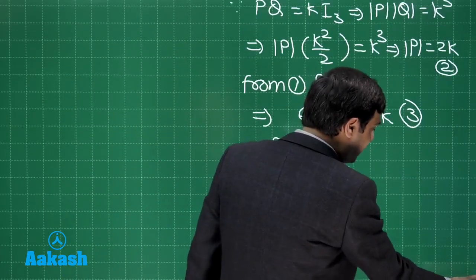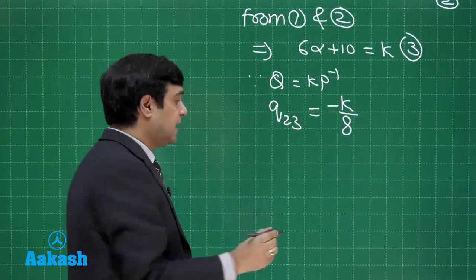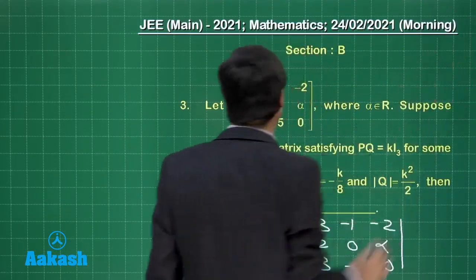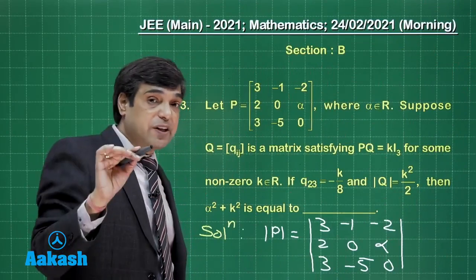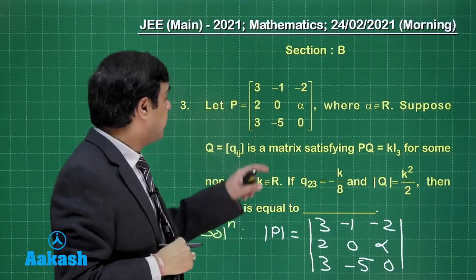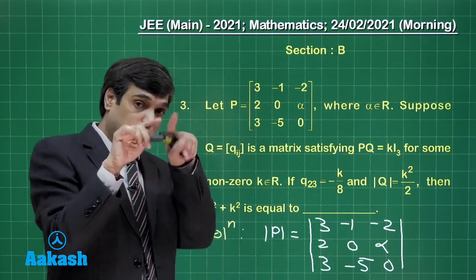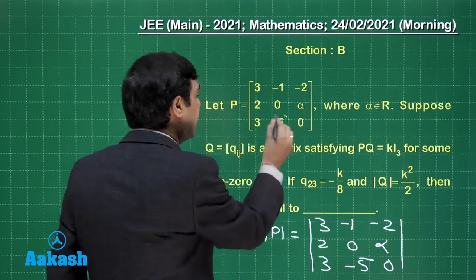Now how to find this Q23? Using this one, k into P inverse. So this is k into the inverse of P. Since you are talking about 2, 3, how will you form the inverse of P? Using the cofactors and taking its transpose. So 2, 3 will be obtained when you take the cofactor for 3, 2, that means for this element.